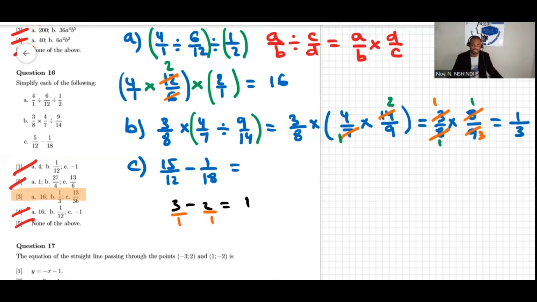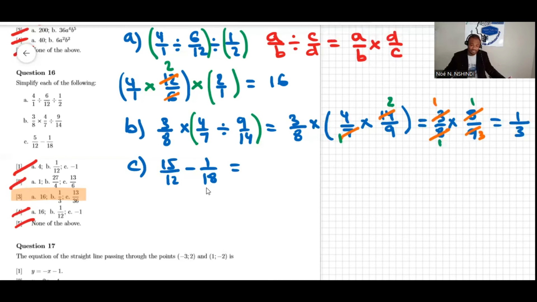When the denominators are common, we just subtract or add the numerators and keep the same denominator. In this case, the denominators are not common, so we need to make them common by finding the LCM of these denominators. What is the LCM of 12 and 18?